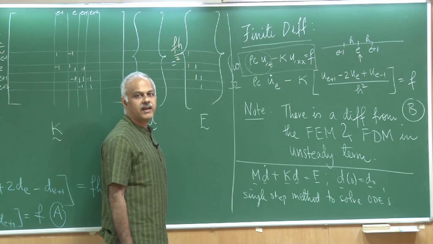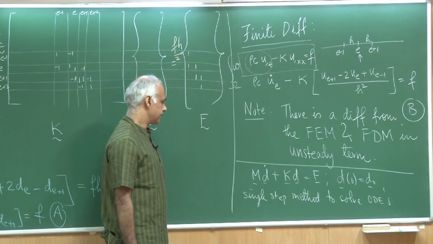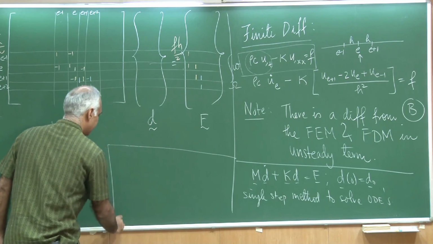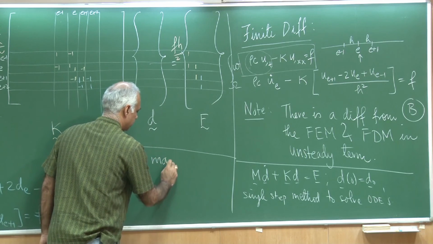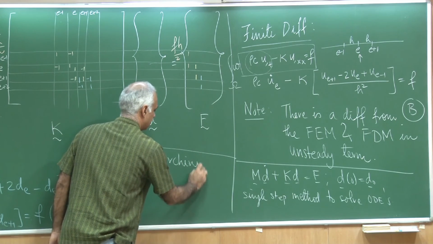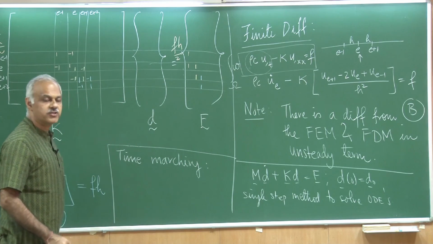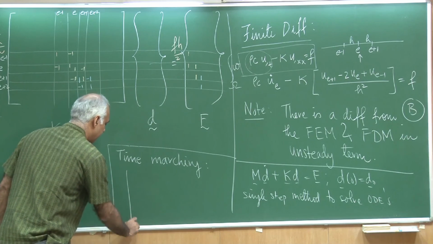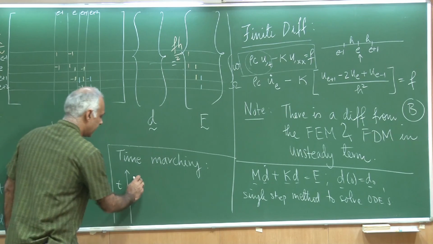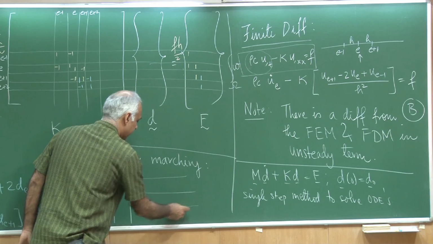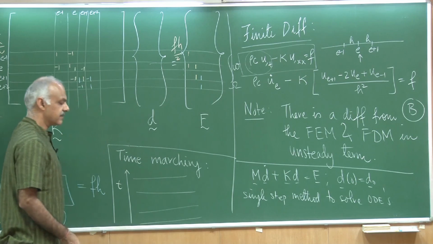We will use what is called a time marching scheme. So, let me illustrate that to you. What we will assume is that if this is the time axis, then there are many discrete levels at which we want the solution.